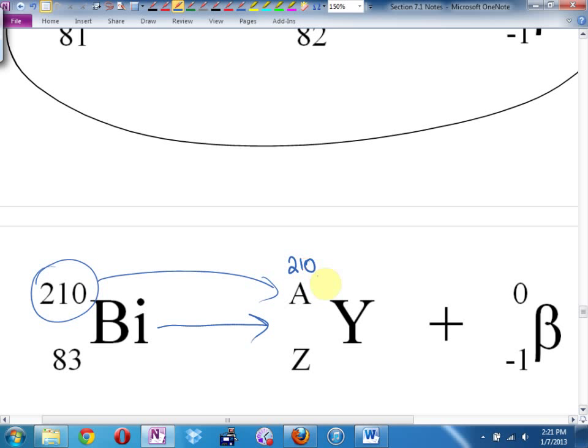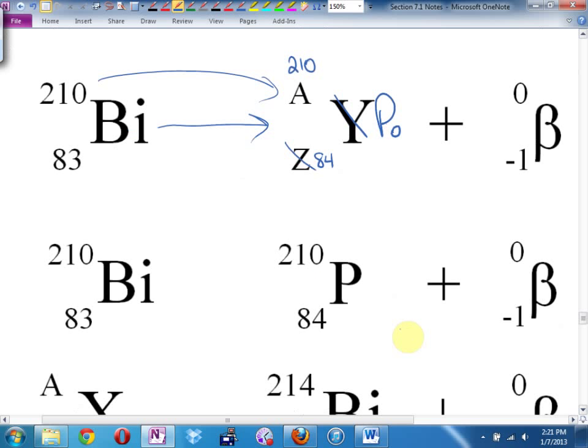My original atomic number and the original number of protons was 83. I just gained one. How do I know? Because that's a negative one. What's my new atomic number? What's my new number of protons? 84. What's my new element? What is atomic number 84? Polonium. In fact, if we did it right, it should be this, except the O didn't show up again either for some reason.